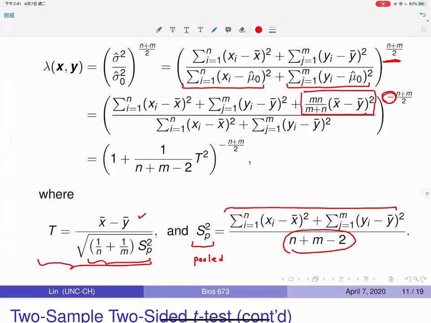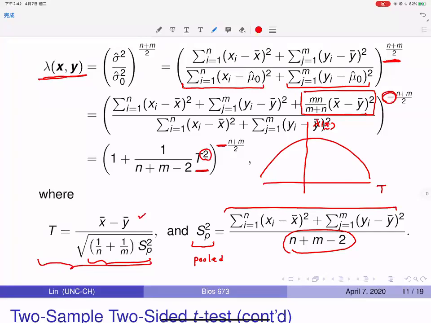Then it totally makes sense right here. My LRT is actually a function of that two sample t-test statistic. Again, it's the same thing as the one sample statistic. This is also a quadratic function of lambda x of t right here, and this quadratic gives you concave.